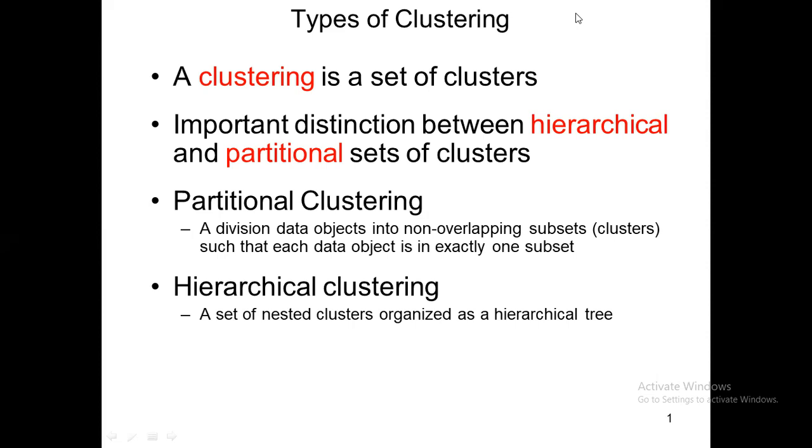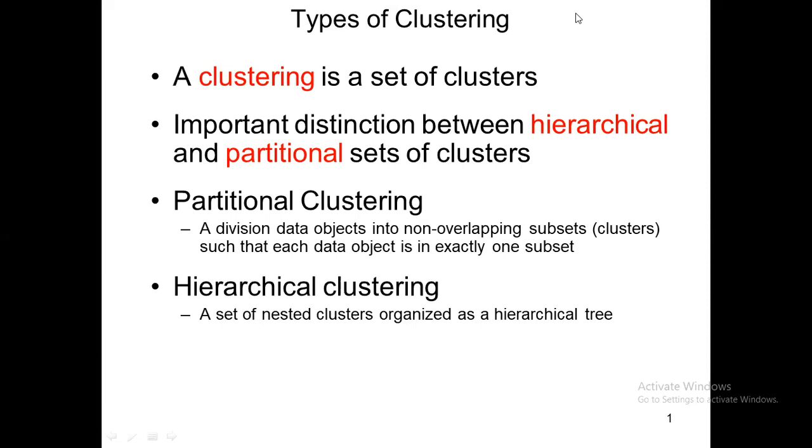Data will be clustered or grouped by the machine itself. The machine will identify how many clusters to provide according to the data points. So it explores the inherent structure of the data; there are no predefined categories.